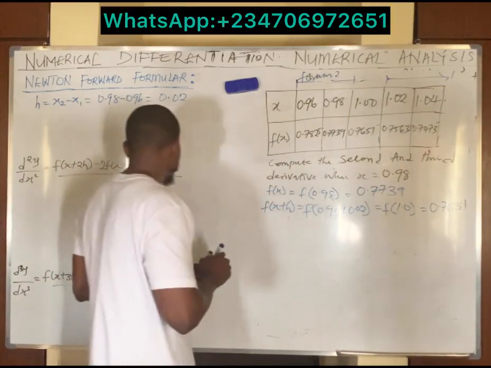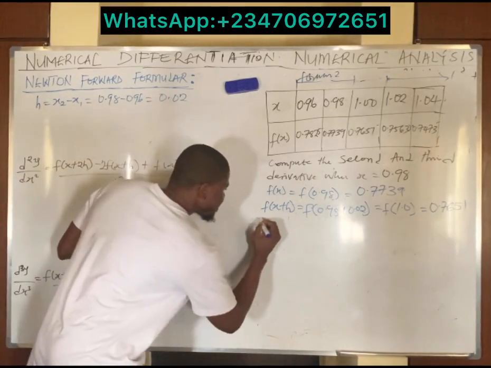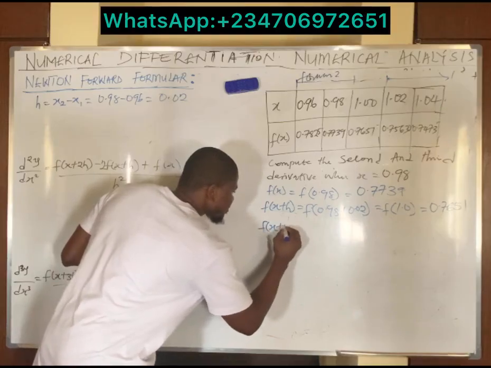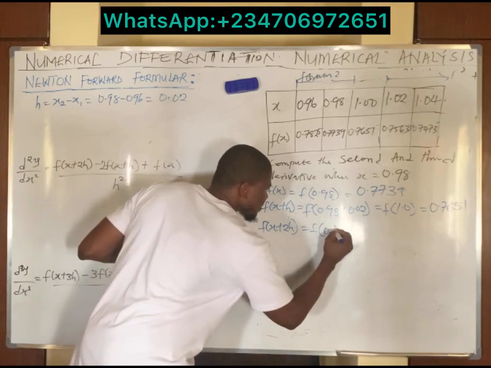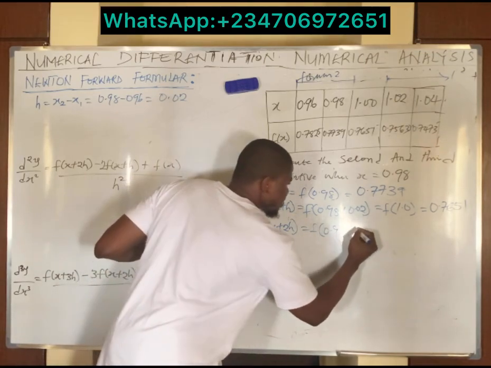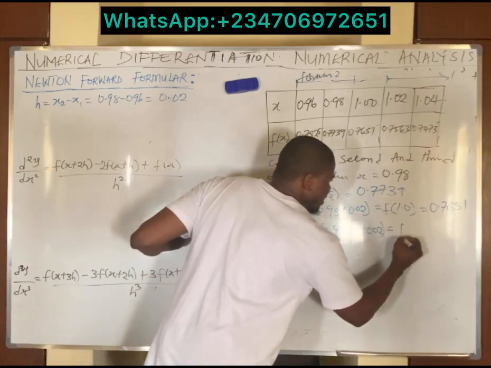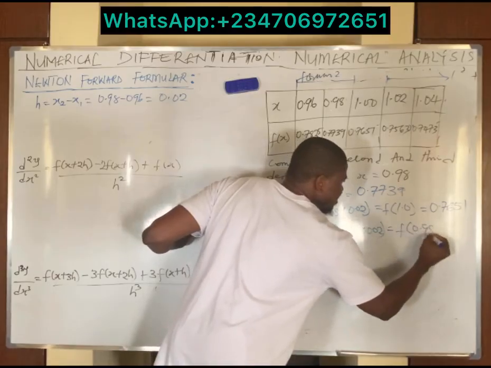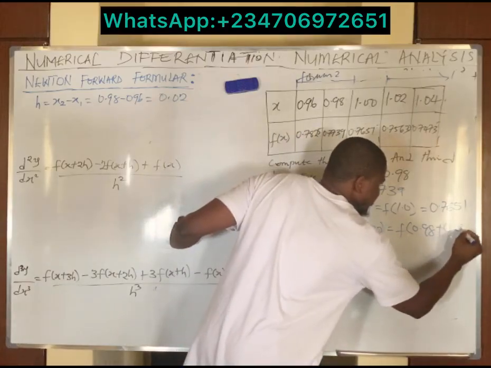Okay, next from the formula is f of x plus 2h. So we find f of x plus 2h. This is going to be f of x itself, which is 0.98, plus 2h, which is simply 2 times 0.02, that is 0.04.